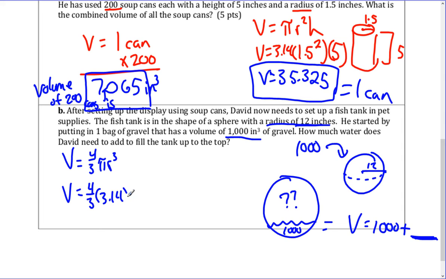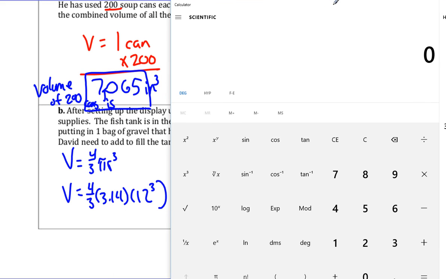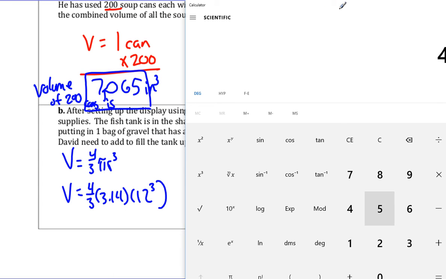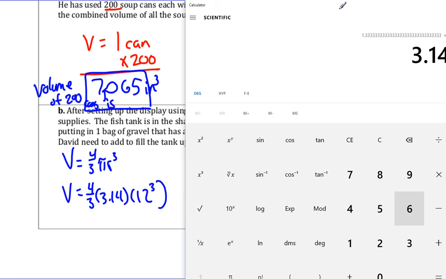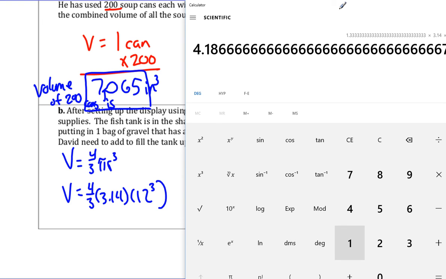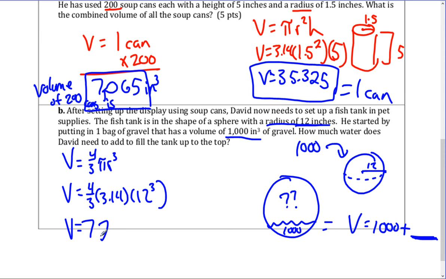Calculator me. 4 divided by 3, 1.3 repeating, times 3.14 times, I'm just going to type in 12 three times, times 12 times 12 times 12 equals, so this is the volume of the whole tank, 7,234.56. Yep, just making sure I wrote it correctly.